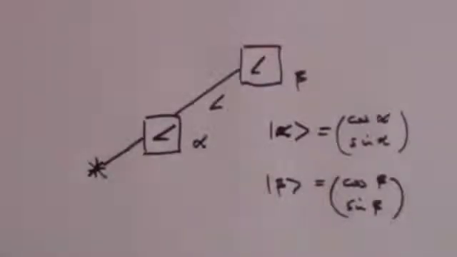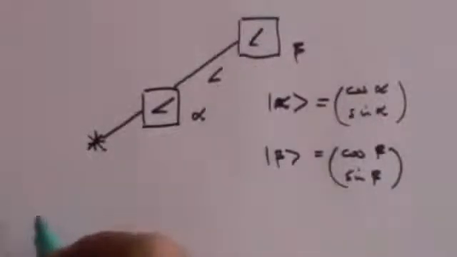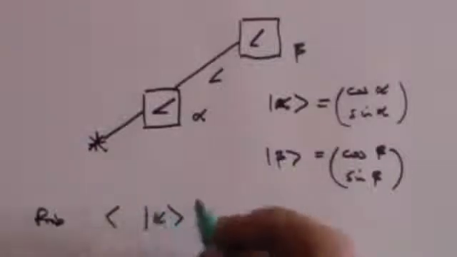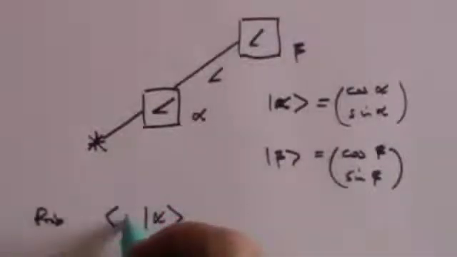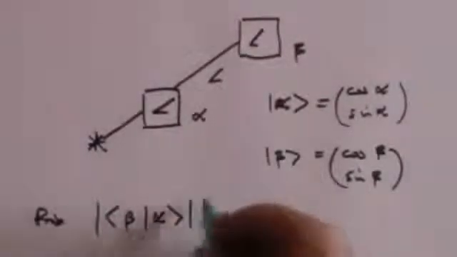So those are just the two states. And then we know that the probability of a photon prepared in the alpha state going through a beta polarizer can be written as the inner product: you prepare in the alpha state and you want to know will it go through the beta polarizer. So that's the probability amplitude, and if you want the probability you have to square it.